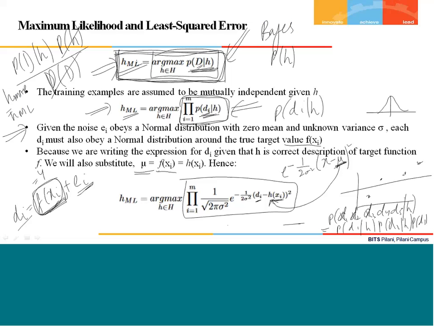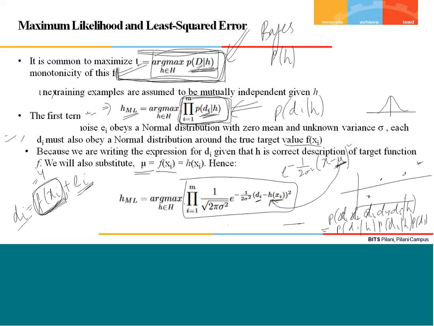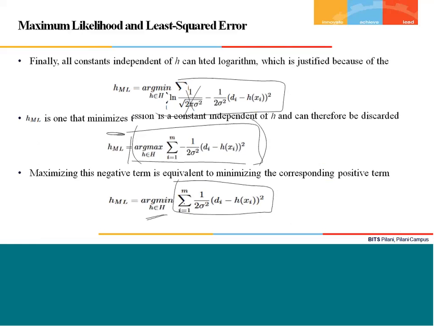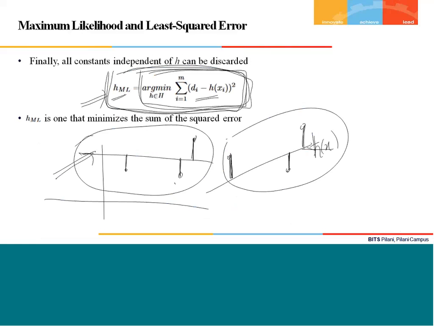I want to maximize. I used these expressions here, and I put this data in. Starting from Bayes theorem, I finally concluded with a numerical expression, and that expression is telling me that you have to minimize the sum of errors.